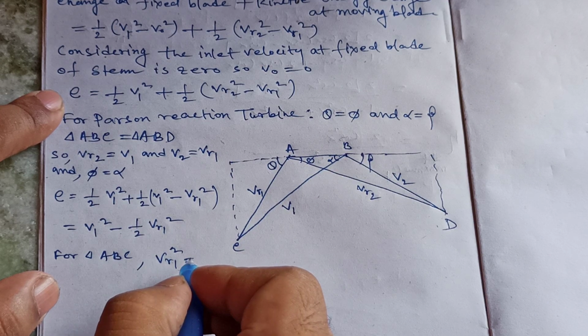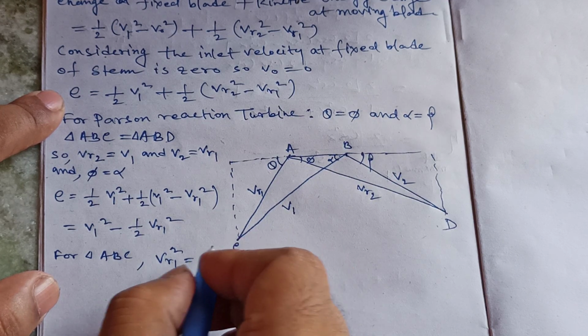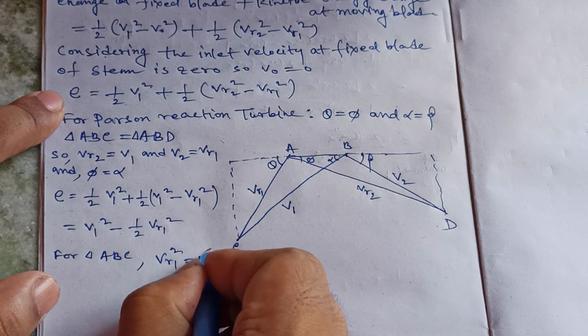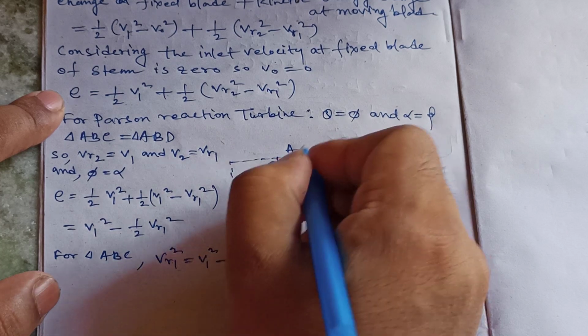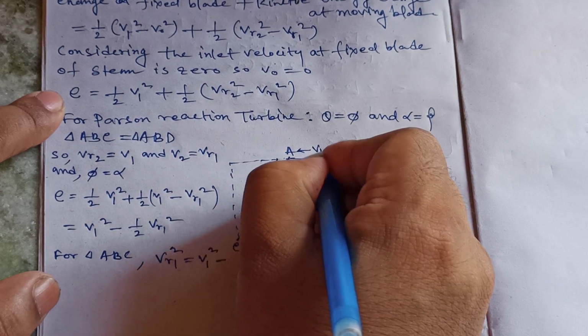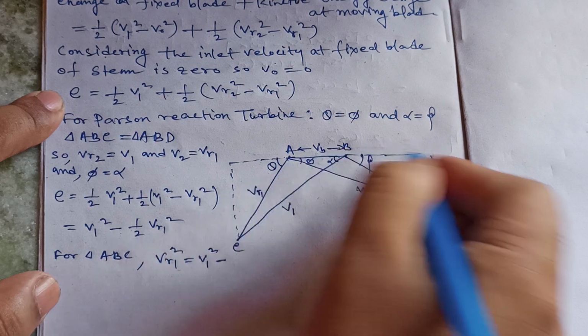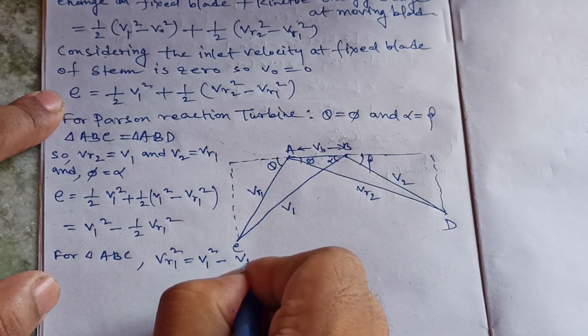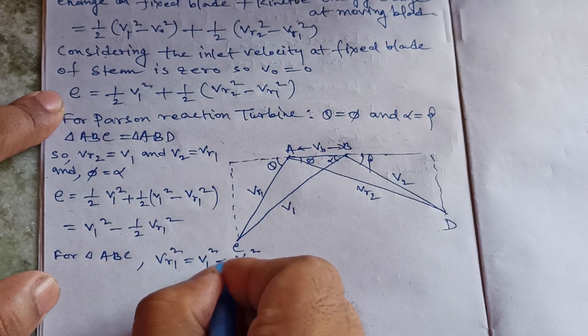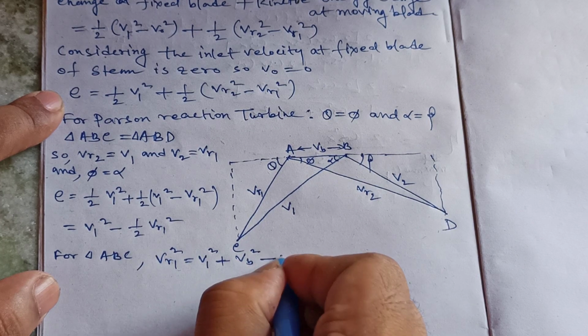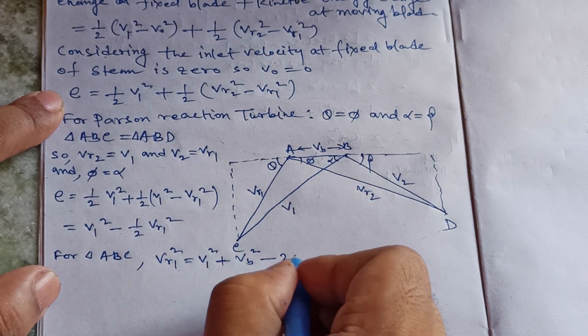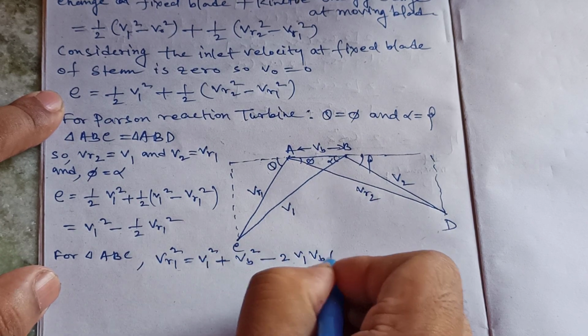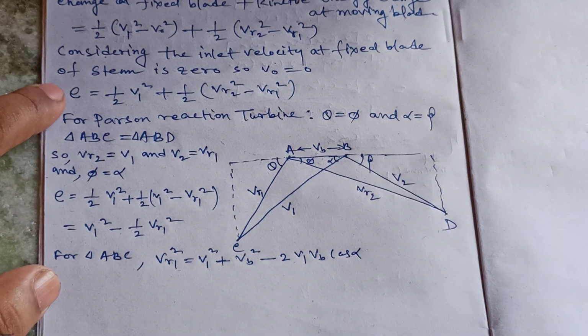So you can write this is V1 square plus VB square minus 2 V1 VB cos alpha.